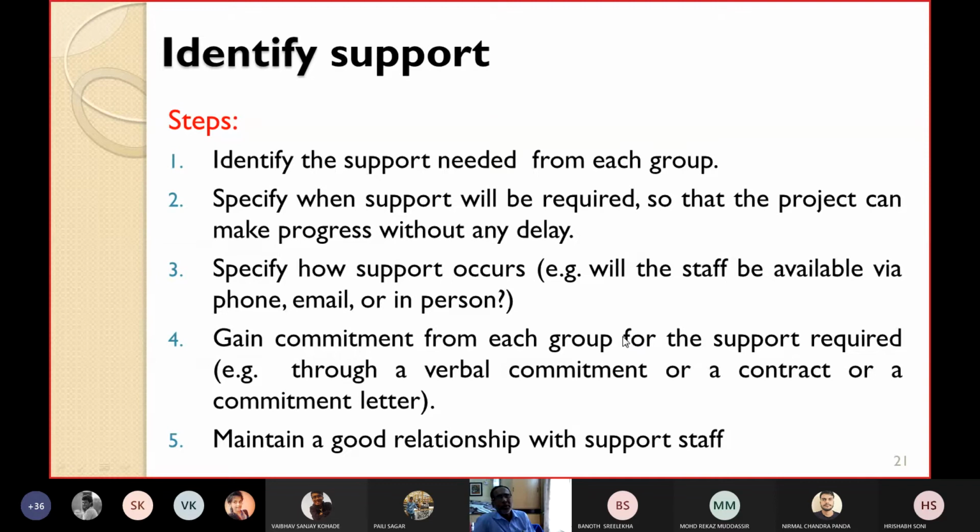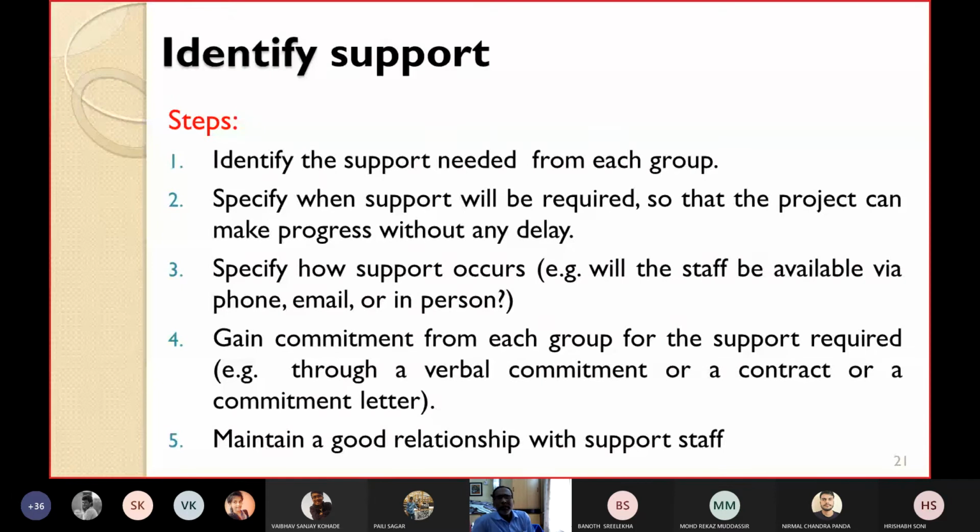If it is a minor problem, they will just tell us over phone and our technical assistant can correct it. But if it is bigger, because the person lives outside Rourkela, we have to call over phone or email, and they will come within 1 or 2 days. So we have to specify in the MOU what kind of support we require, and how the support occurs, whether over email, phone, in person, or something else.